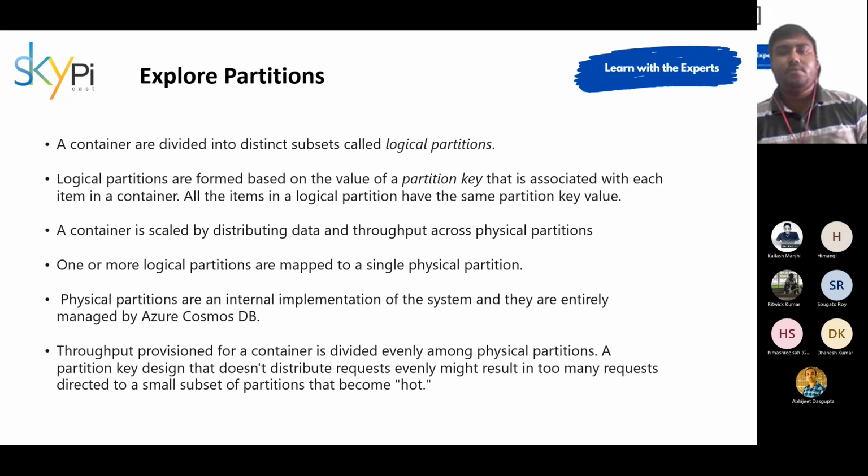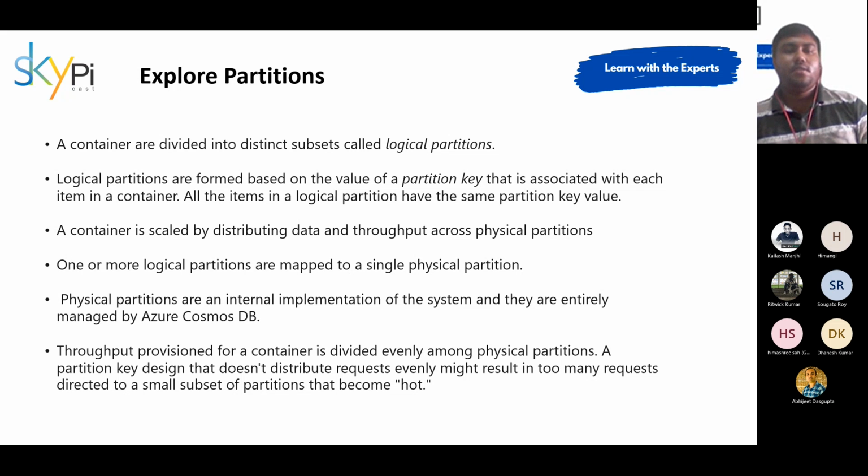So what we have to do is just get the logical partition right, as per our needs, and decide how we want to distribute the resources into different partitions in our container. Azure Cosmos DB will take care of how it is implemented in physical form in the servers.